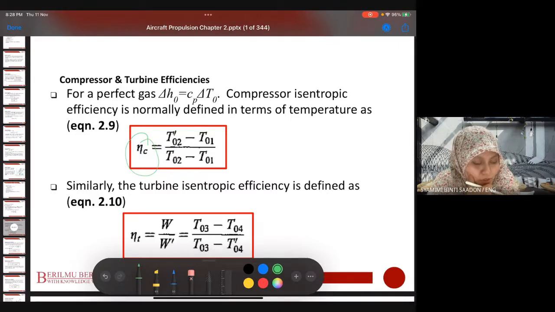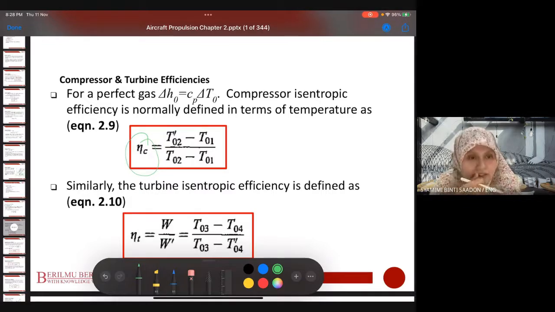So we only take into consideration the work, the enthalpy, which is the work, Cp delta T. With constant Cp specific heat, we can eliminate that Cp. So we have the efficiency of the compressor.